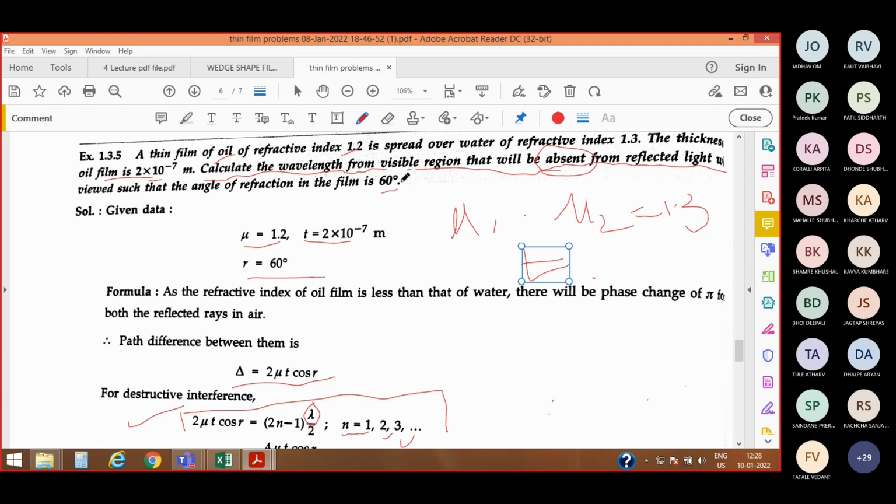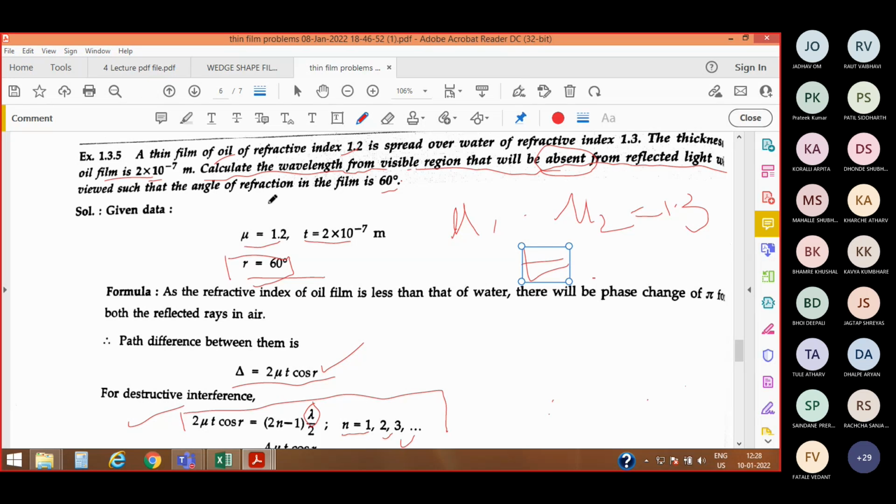Calculate the wavelength from the visible region that will be absent, that is dark, from the reflected light with a view such that the angle of refraction in the film is 60 degrees. From the angle of refraction you can find cos r.